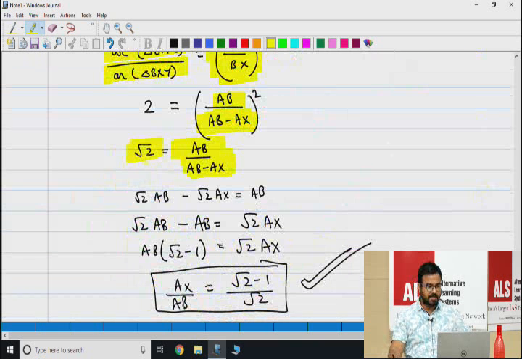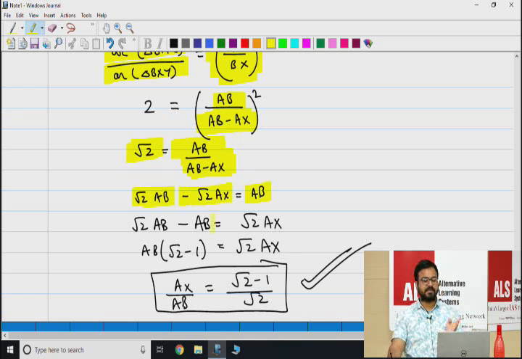So when we do the cross multiplication, root 2 AB minus root 2 AX is equal to AB. Take this AB on the left hand side and root 2 AX on the right hand side. We'll get something like this. Take AB as common, so we'll get root 2 minus 1 in the bracket is equal to root 2 AX. Now AX over AB is root 2 minus 1 over root 2. This is the final answer.